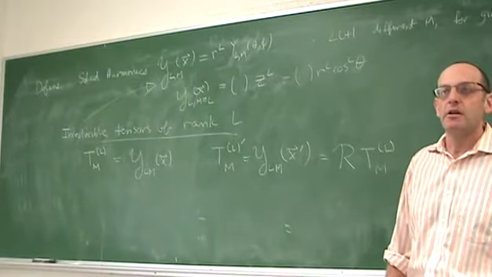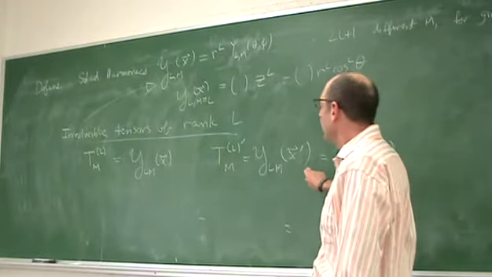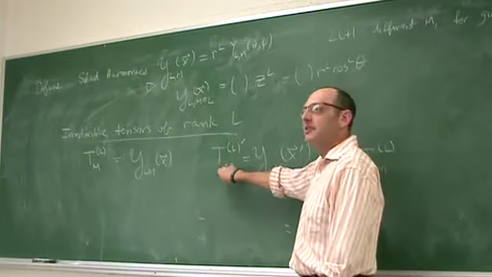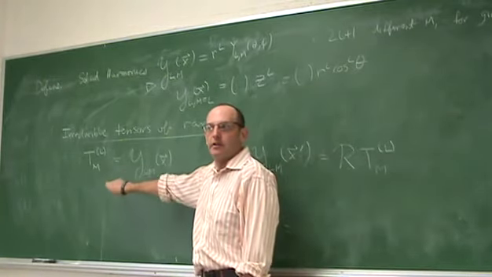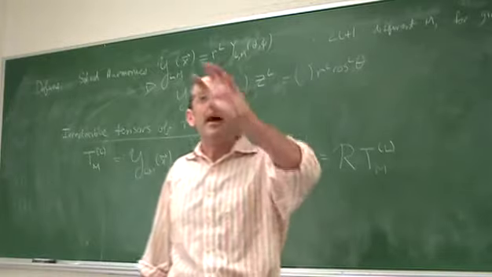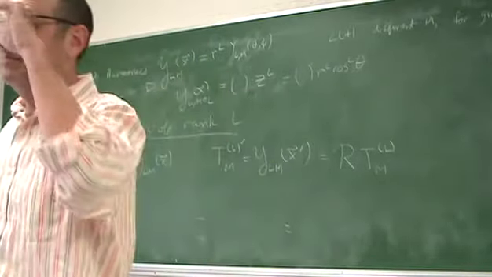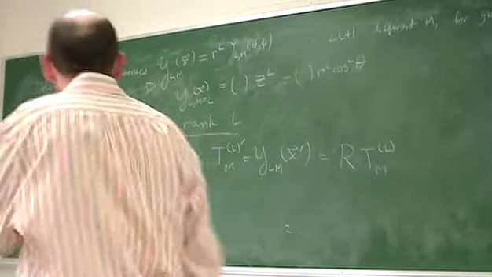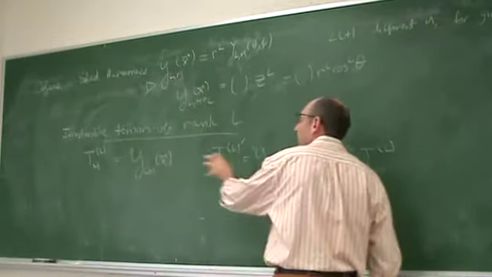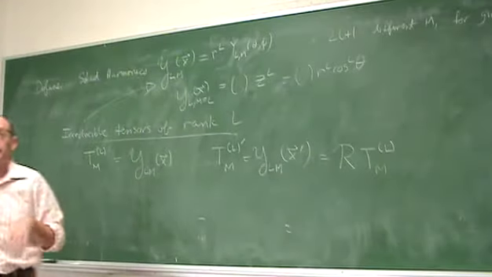So the question is, how are these components related to these components? They're not related by that SO(3) matrix anymore. How are these polynomials related to the original polynomials?